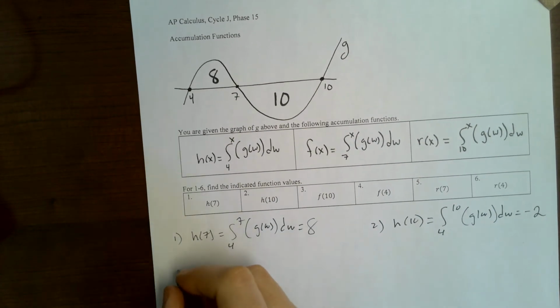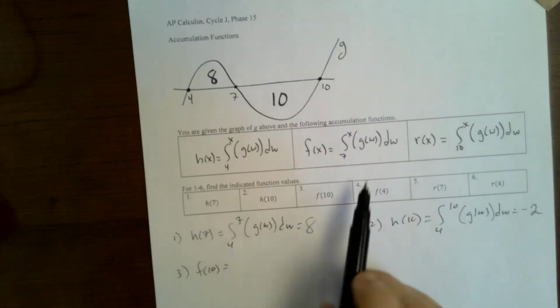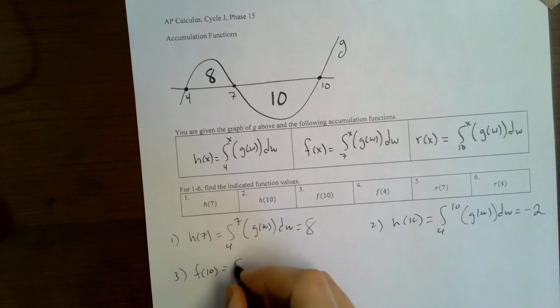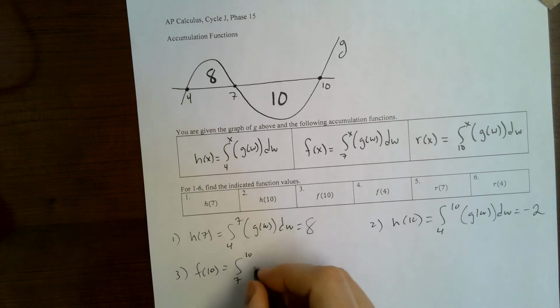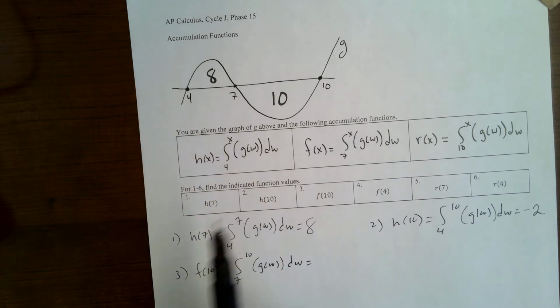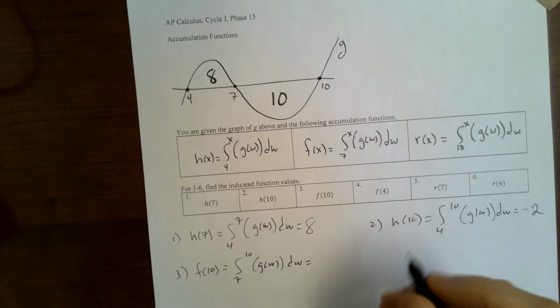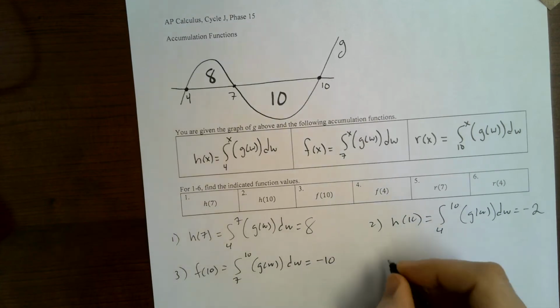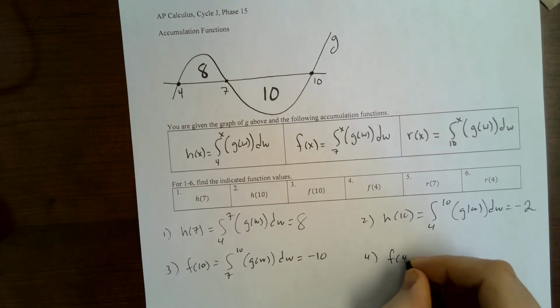Now 3, f of 10. So f is defined this way. It's the integral from 7 to 10 of G of W dW. The integral from 7 to 10 is negative 10. Then 4 is f of 4.